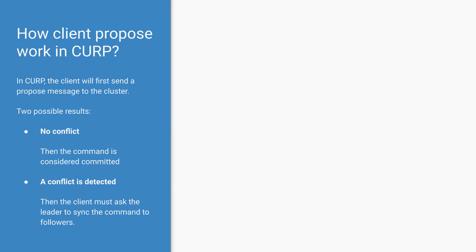The first result is that there's no conflict. Then the command will be considered committed. The other situation is that a conflict is detected. Then the client must ask the leader to sync the commands to followers.